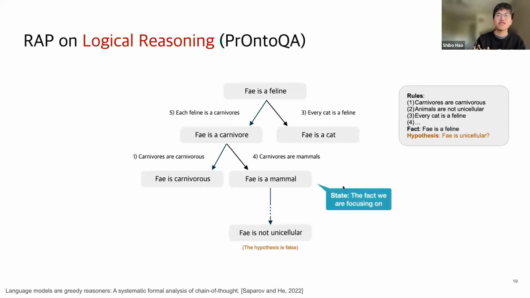Basically, we define the state here to be the fact we are focusing on. So the initial state is just the initial condition we have. And each action is to select one of these rules. So the state transition is simply using the current state and the selected rule to derive a new fact, until the hypothesis can be verified.